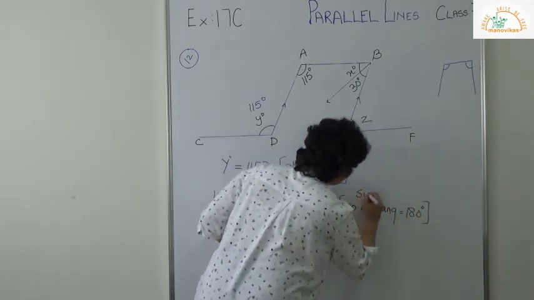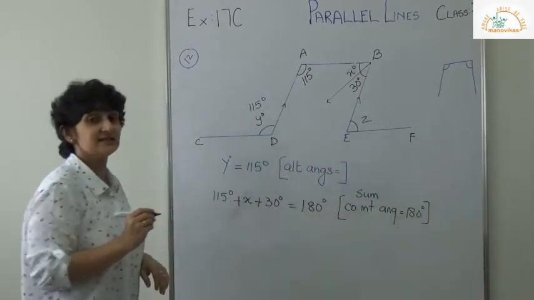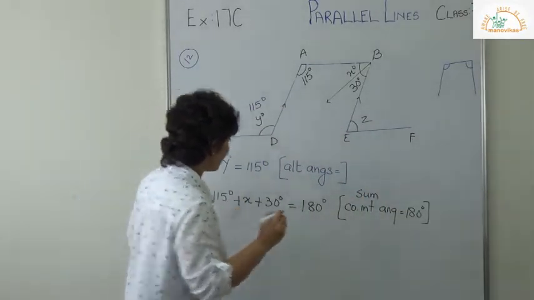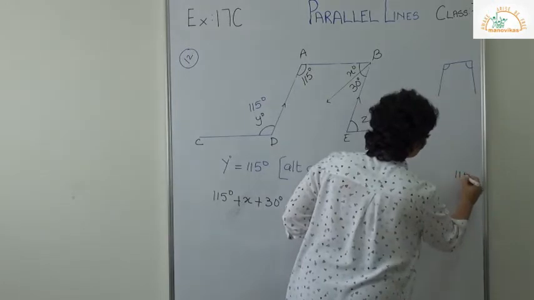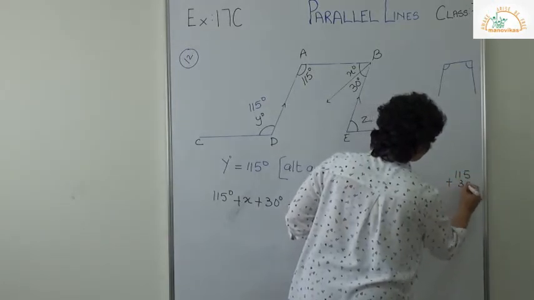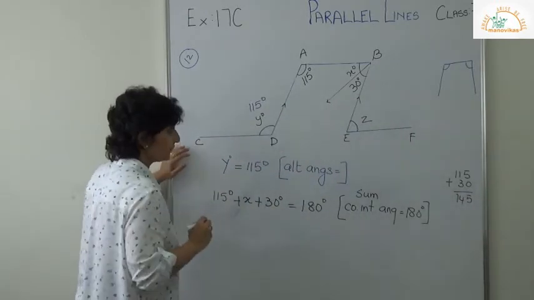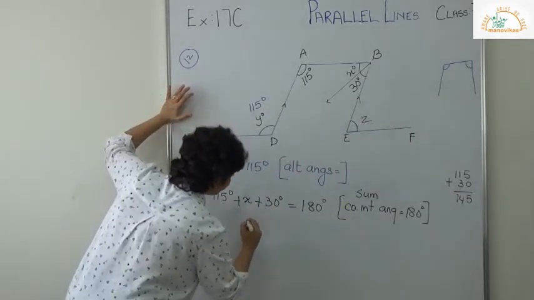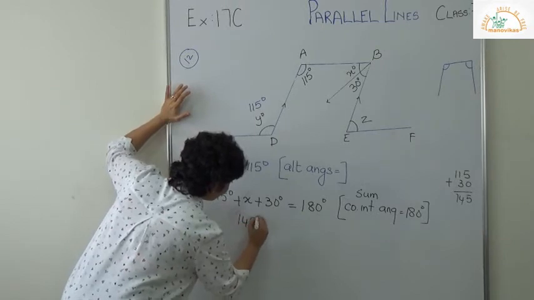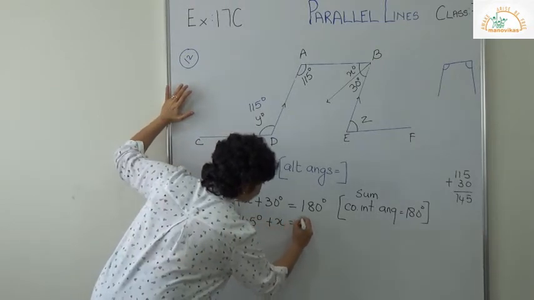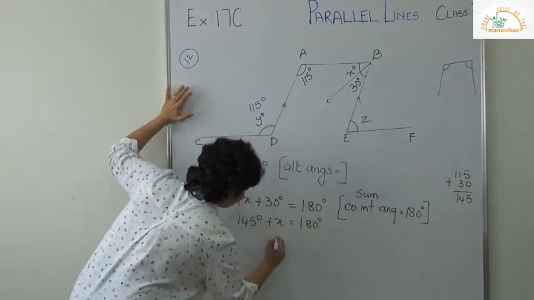For the sum of the co-interior angles is equal to 180. Now I have 115 plus 30. What do I get? 145, isn't it? 115 plus 30 gives me 145 degrees plus x is equal to 180.